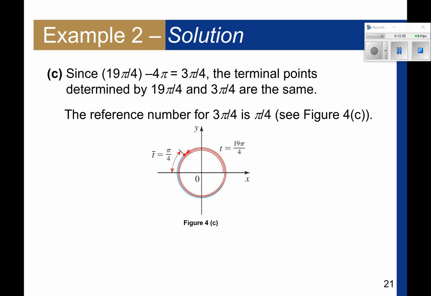So again, I love how they do this. Sometimes it's like, okay, we spun around once, we spun around twice, and then we've got a leftover of 3 pi over 4. We end in quadrant number 2. For 3 pi over 4, our reference number is going to be pi over 4.